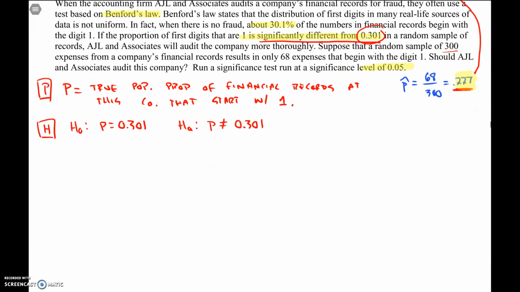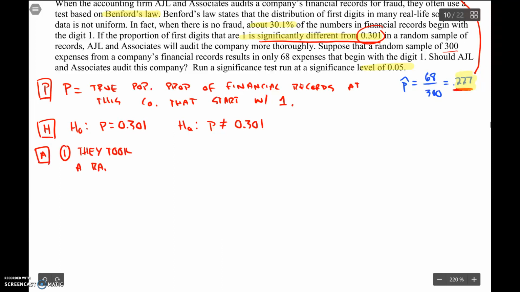Okay? Assumptions and conditions. 1. They took a random sample.